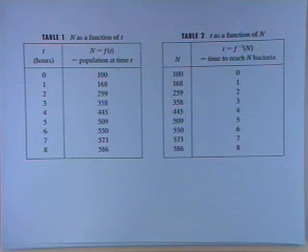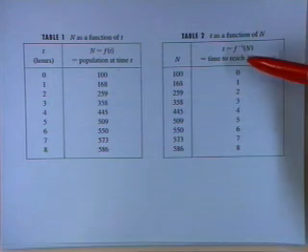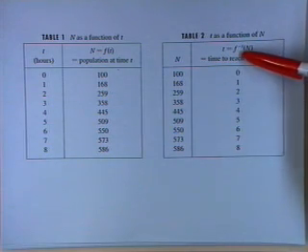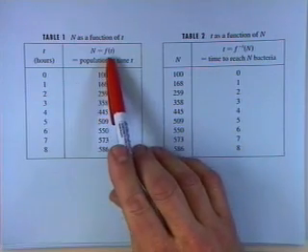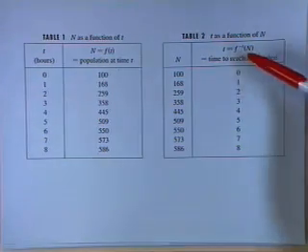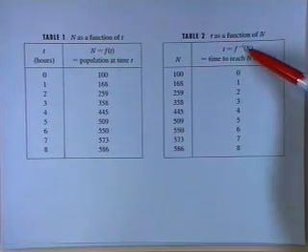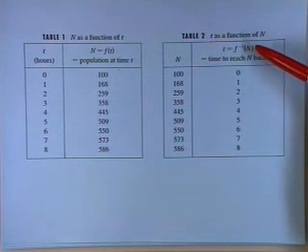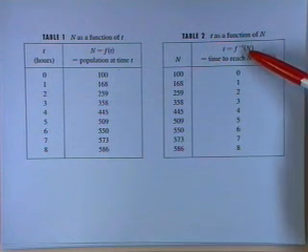Instead of plugging in t to get population, we're plugging in a population to see what time it would take to generate that population. So here, t is the inverse function. So if this is the function, plug in t and get n. Here we're going to plug in n and get t. So it's exactly the role reversal, the inverse relationship.